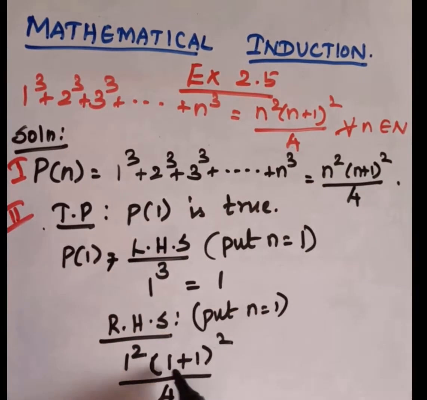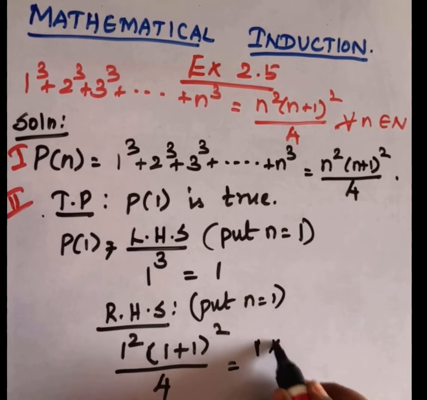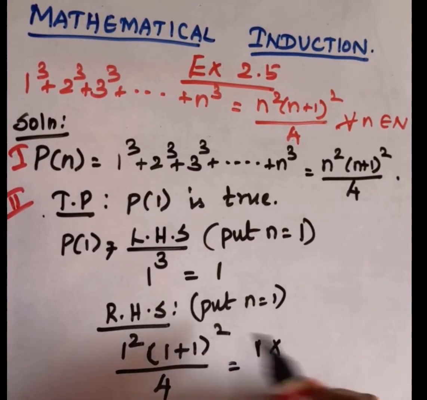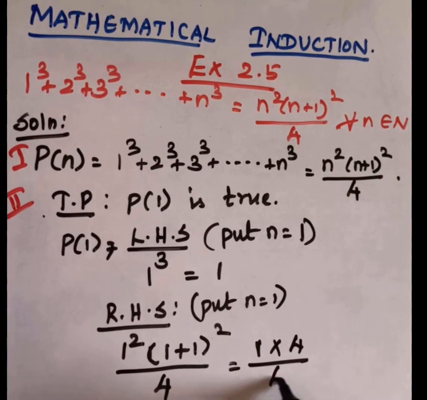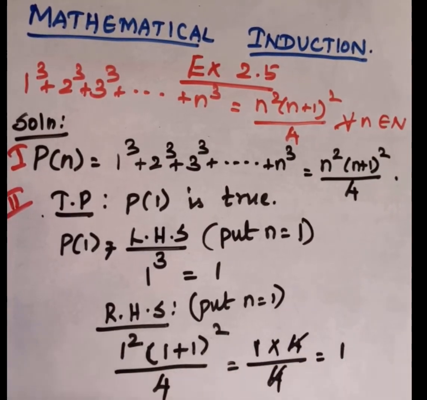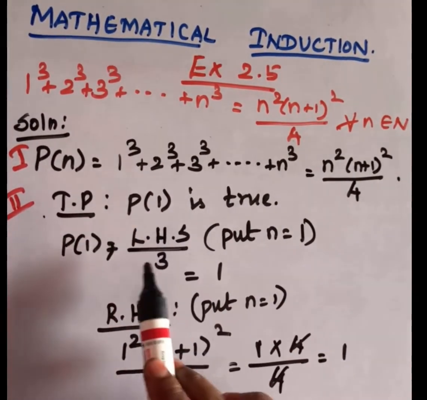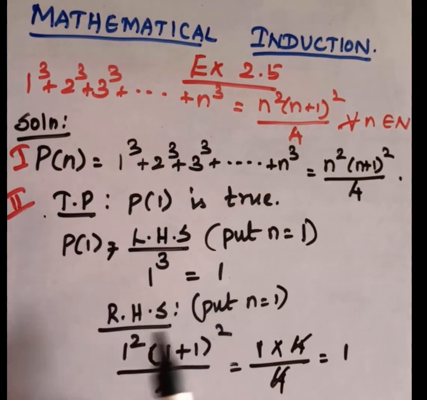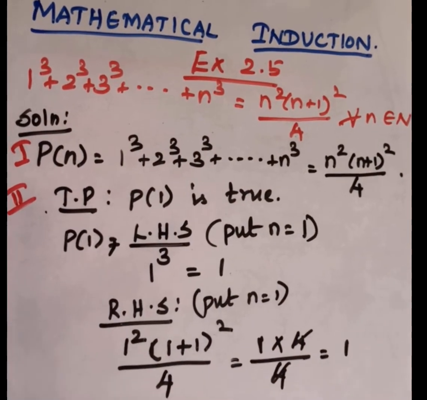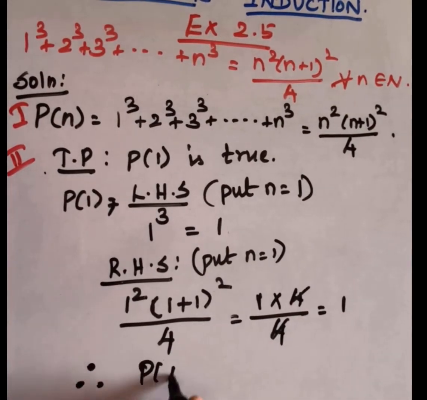So 1 square is 1, into 1 plus 1 is 2, 2 square is 4, divided by 4. The 4 and 4 cancel and it is equal to 1. So in P of 1, the left hand side value is 1 and the right hand side value is also 1. So I conclude that P of 1 is true.